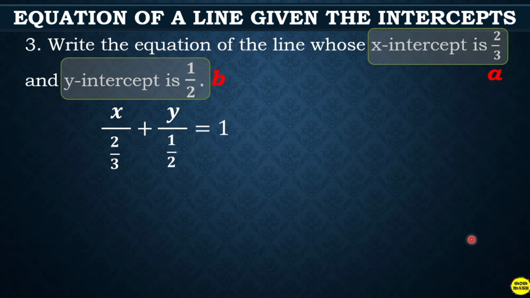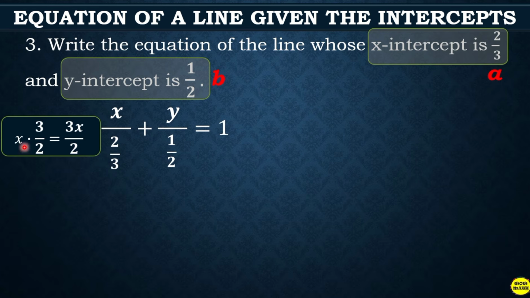Okay. So, paano ito kapag may fraction? So, ang una muna natin gagawin, simplify muna natin ito. Okay? So, paano? So, x, copy nyo yung numerator, get the reciprocal of your denominator, so that will become 3/2, and then proceed to multiplication. So, kapag meron tayong ganito, yung fraction na yung numerator at denominator mo ay fraction din, so, ganito po gagawin.